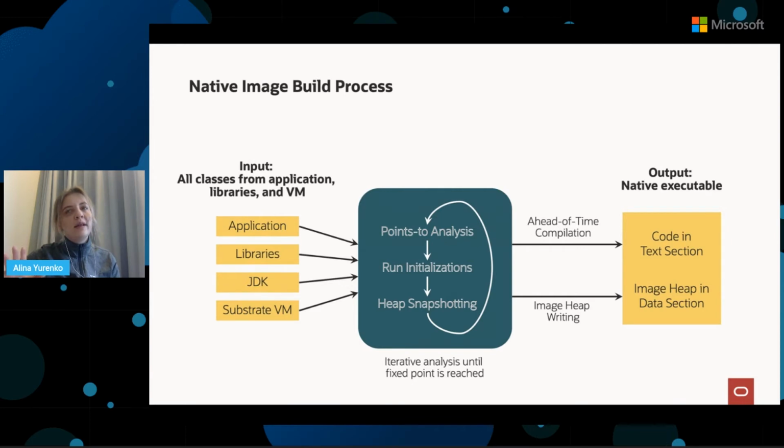This is what is happening behind the scenes when you run your native image build process. When you're using a command like native-image and give it your application, what happens is that we will analyze your application starting from its main entry point, and we will look for all the reachable code and also run initializations to try and find all the code that is necessary for your application to perform what it's supposed to be performing. And then we will take only that necessary code, right?